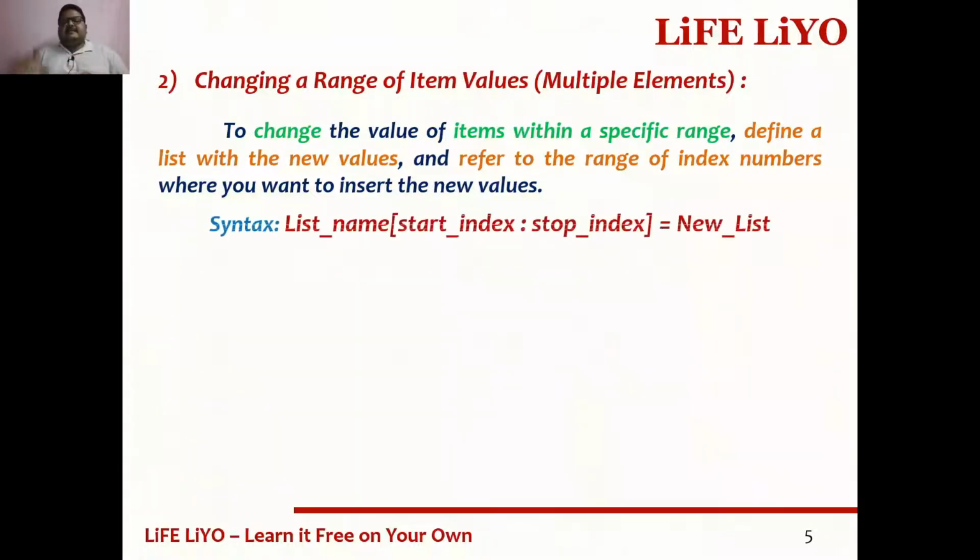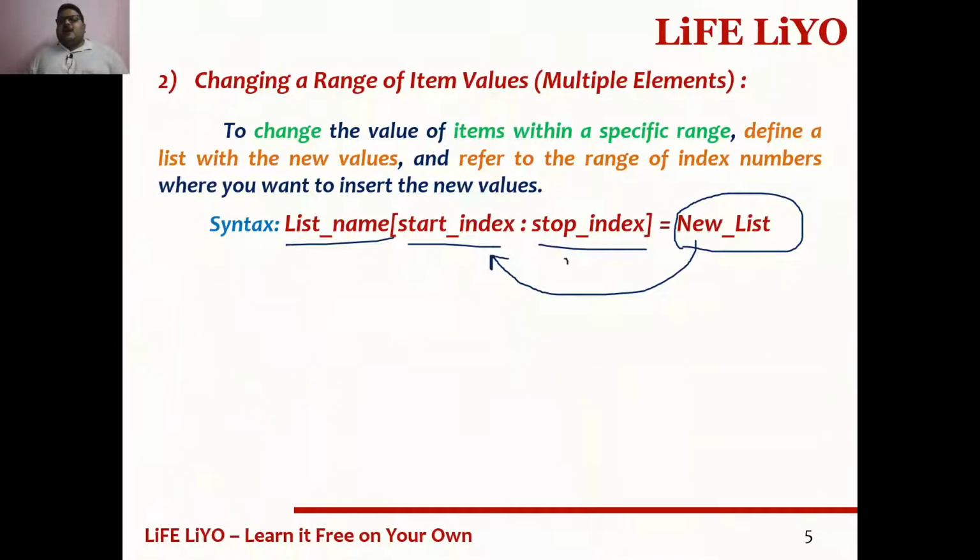The syntax is the list name followed by the start index and stop index, and then the new list values. These values are going to be assigned starting from the starting index and ending at the stop index minus 1. You know that when we define the stop index, it calculates up to stop minus 1.